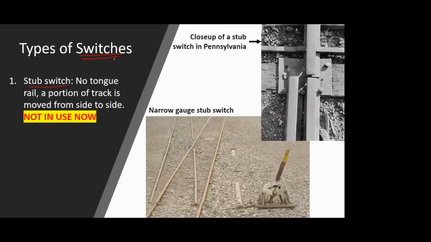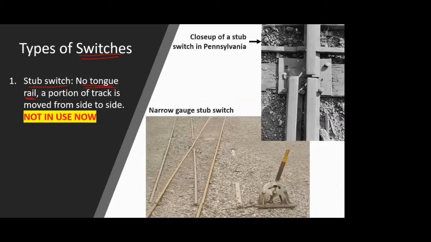If it is running on a straight track, points or switches allow the wheel to divert from the straight track to the branch track or the diverging track on the left or the right side. The stub switch is the oldest form of switch, and it is interesting to know that there is actually no tongue rail in it.